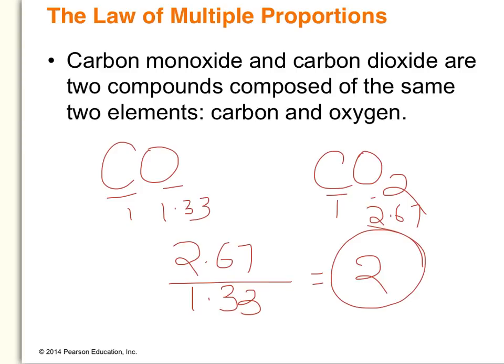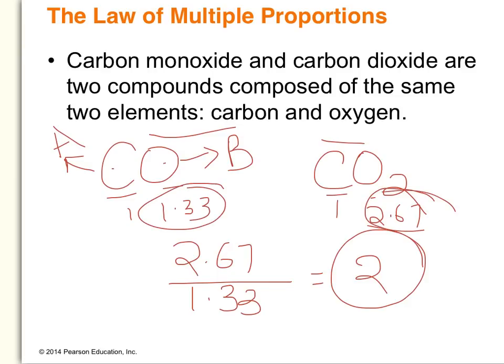When two elements form two different compounds, the masses of element B that combine with 1 gram of A, where B is oxygen and A is carbon, can be expressed as a ratio of small whole numbers. So 2.67 to 1.33 is a small whole number ratio, and that is what is known as the law of multiple proportions.